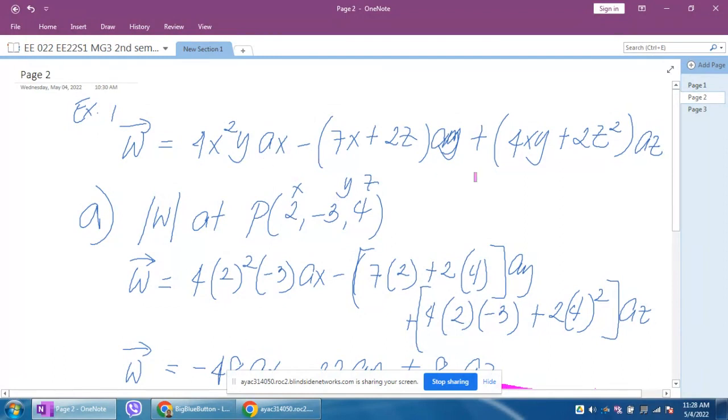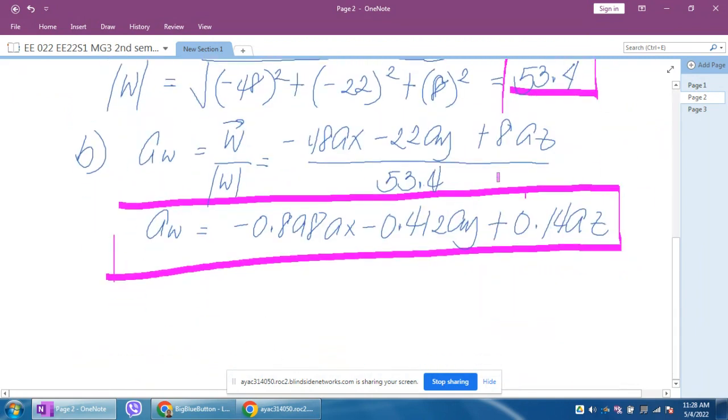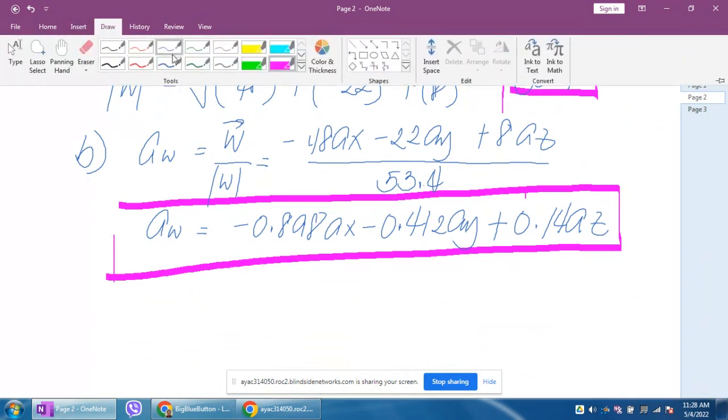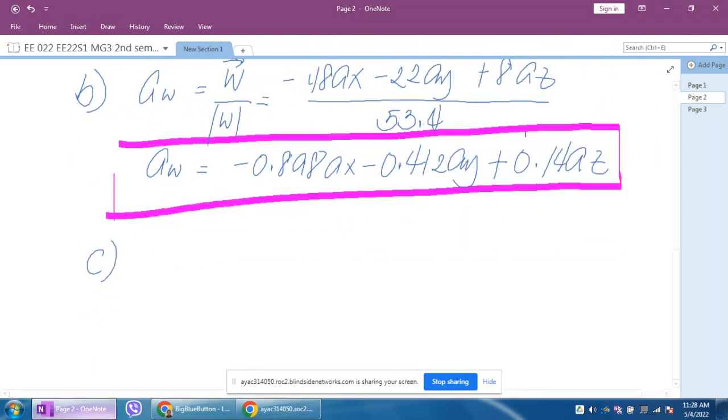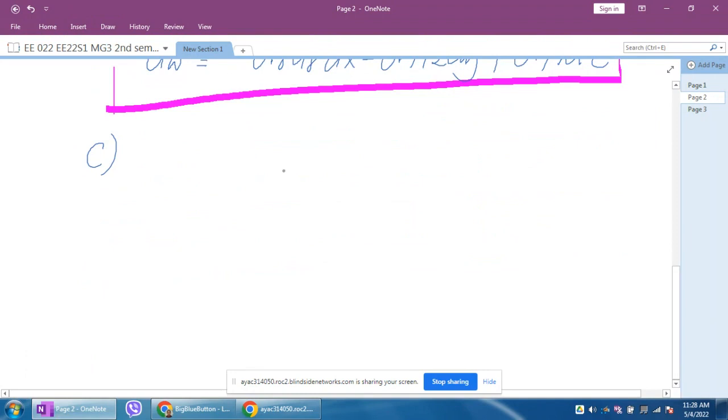So, babalikan ko po yung expression. Now, let's analyze letter C. Pag nasa z-axis po tayo, tanong ulit. I-drawing ko nga yung XYZ dito. X, Y, Z axis.